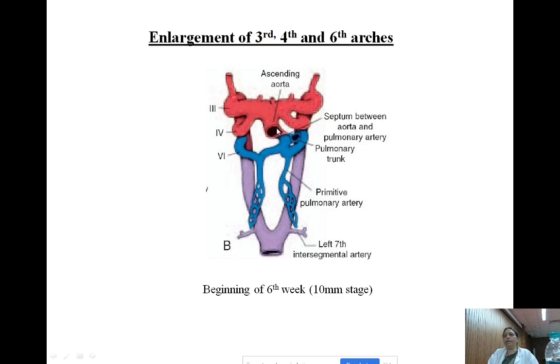That is because the aortic sac is divided by the aorticopulmonary septum into the aorta and the pulmonary trunk dorsally. So this is the sixth aortic arch, and from it the pulmonary arteries grow towards the developing lung bud. And this is the dorsal aorta, which joins together to form a single dorsal aorta.